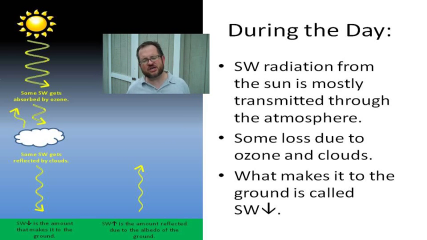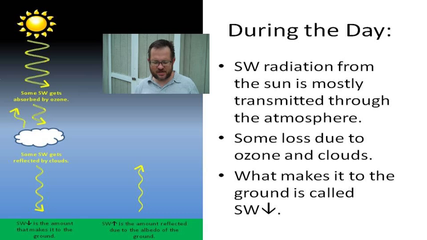But a certain amount of shortwave radiation from the sun is going to make it to the ground. And the notation that most of the textbooks use for that solar radiation that makes it to the ground is SW down, for shortwave down. So the shortwave down is the amount that we measure at the surface that has reached the ground.